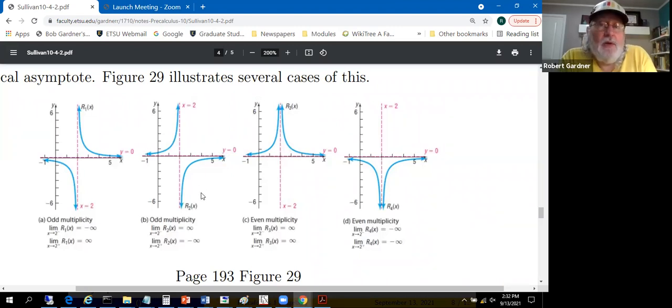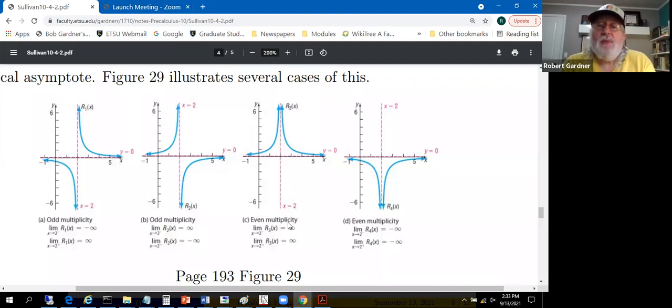That I can't tell from simply the oddness of the multiplicity of the 0 that produces this asymptote. I can tell you they're different, they're opposite, up on one side, down on the other, but I can't distinguish between the two, simply given the odd multiplicity idea. We could plug in some numbers and find out.